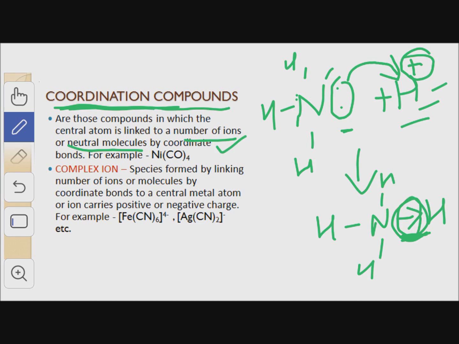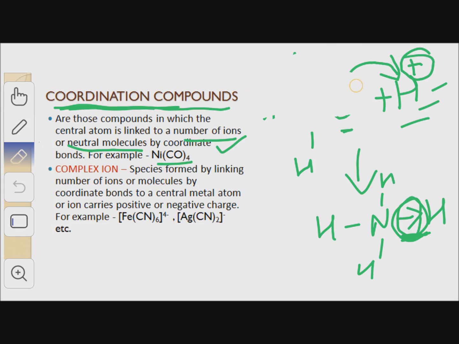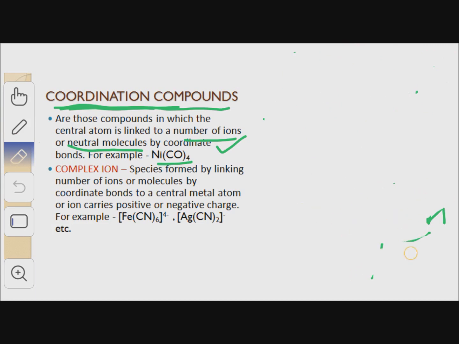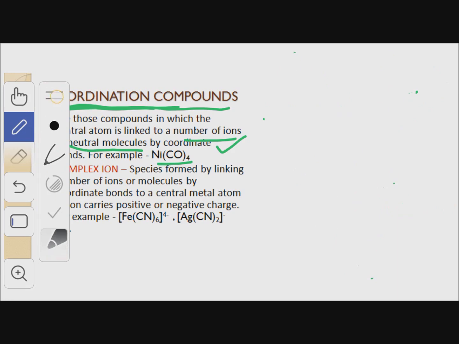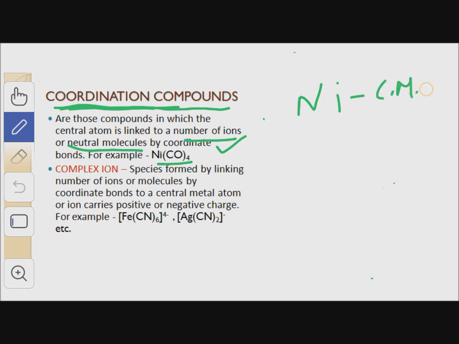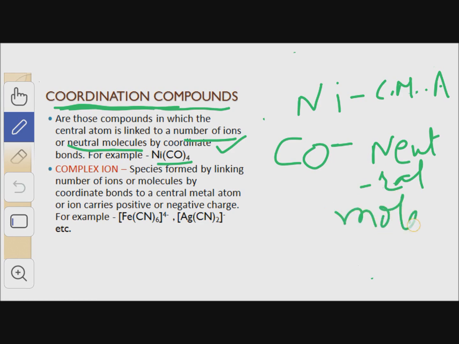For example, in the case of tetracarbonyl nickel, nickel is the central metal atom and CO is the neutral molecule which is linked by coordinate bonds.